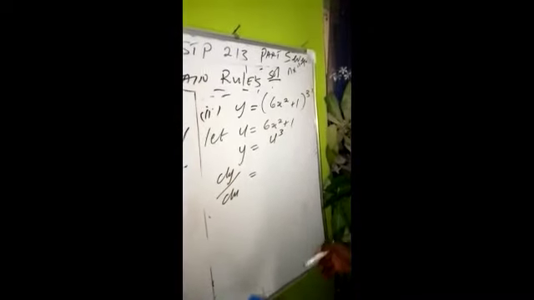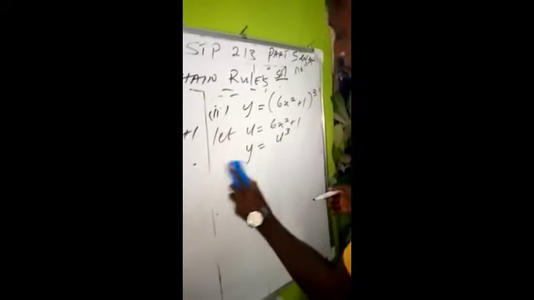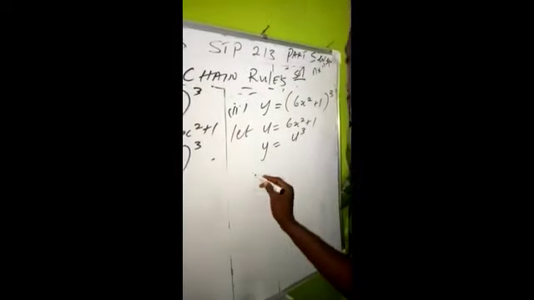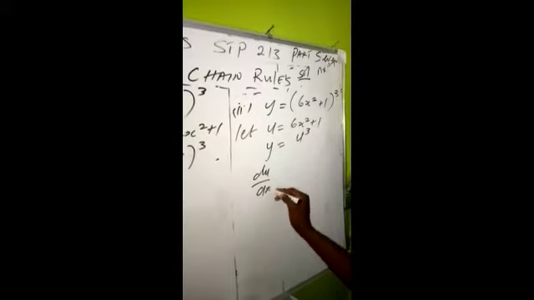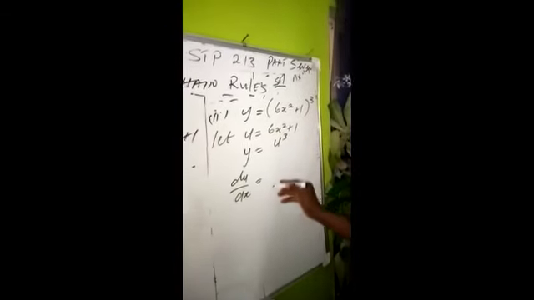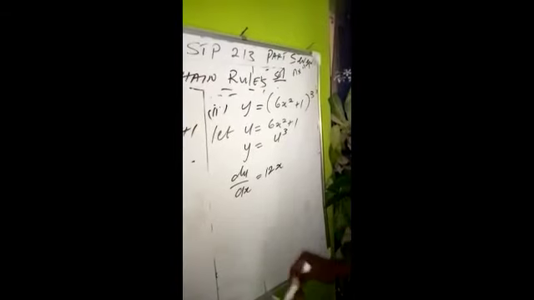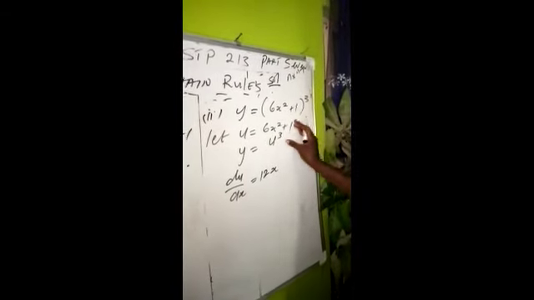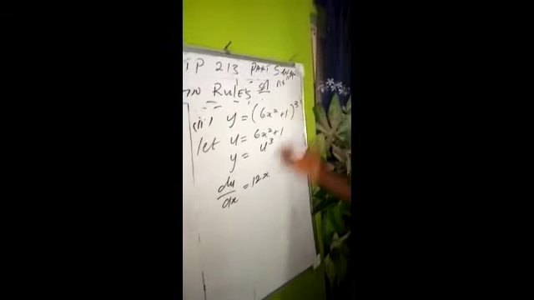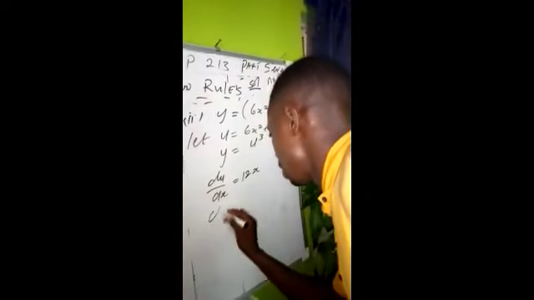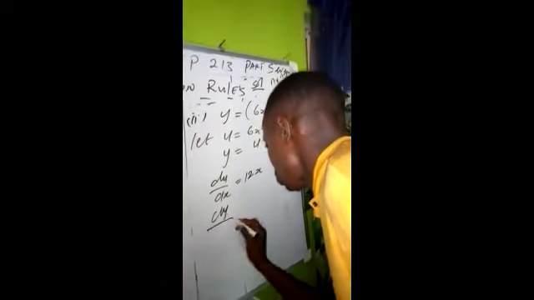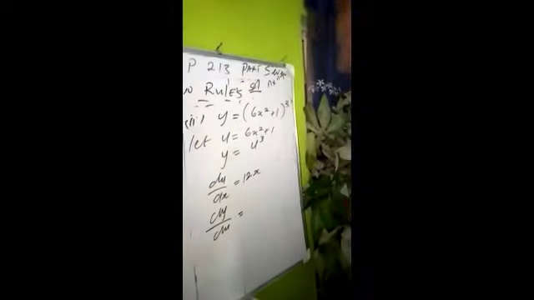Therefore, let us differentiate. Okay, let me start from du/ds. From this point, I get 2 times 6, which gives us 12s. Then, remember, differentiation of the constant 1 is 0. Next one is dy/du.